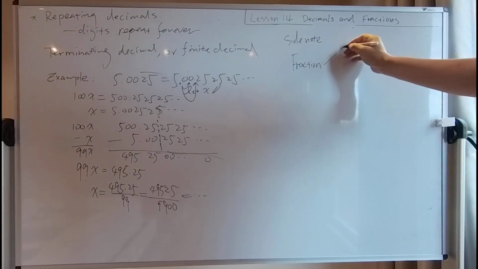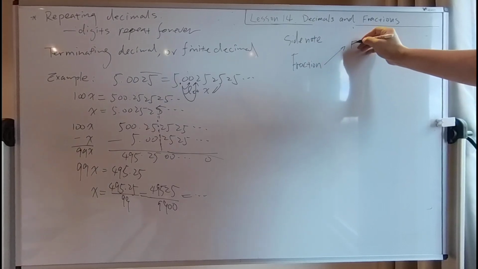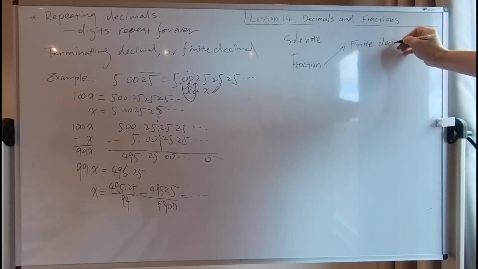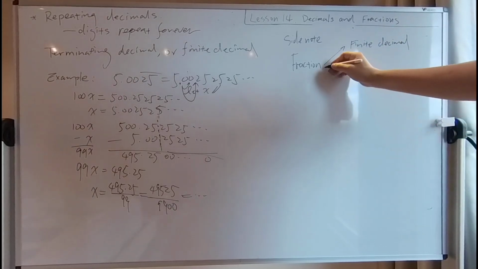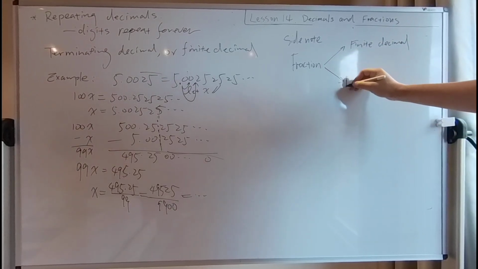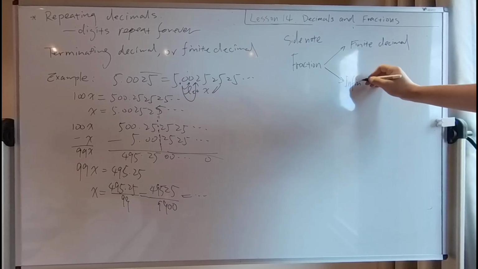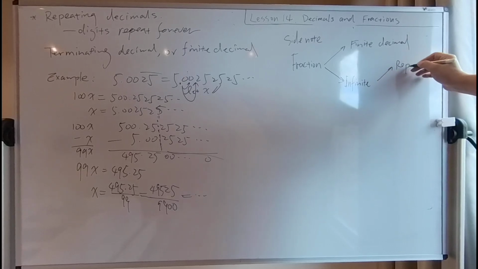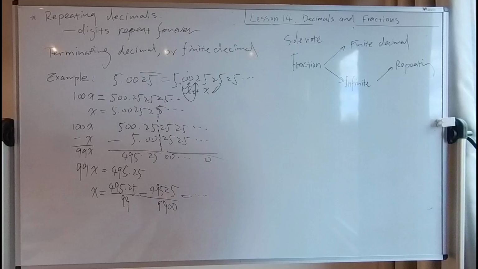So first of all, your fraction can be written as a finite decimal, right, with a finite number of digits, or if you have infinitely many digits, you still have one scenario that is infinite but repeating, like all the examples we just saw.